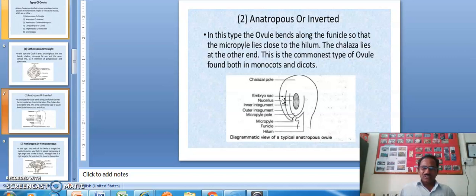This is the common type of ovule found in both monocots and dicots. This is the anatropous ovule. This is inverted ovule.